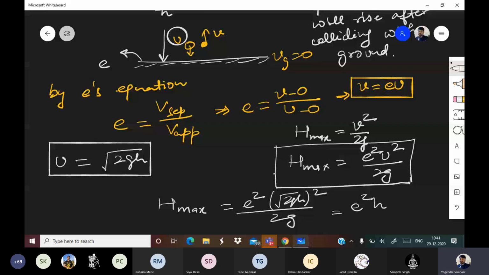Can we move further? Good. So this all was head-on collision. What if the collision is not head-on? That means if it is oblique collision, then what will be the scenario? Yeah, Vedant.